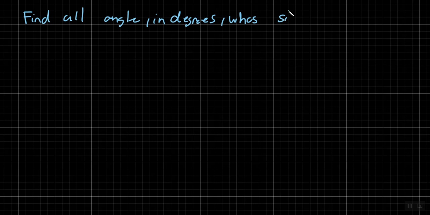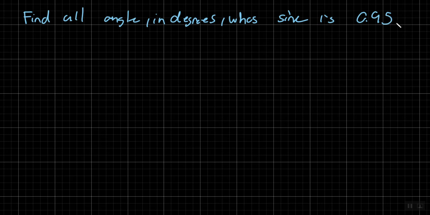I just didn't hear what you said. Exactly. Okay. Find all angles in degrees whose sine is 0.95.